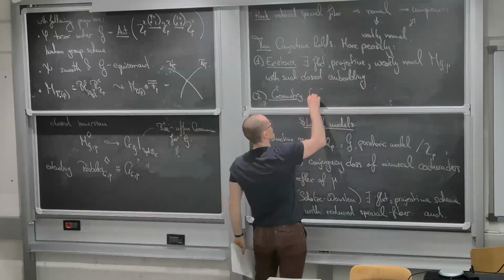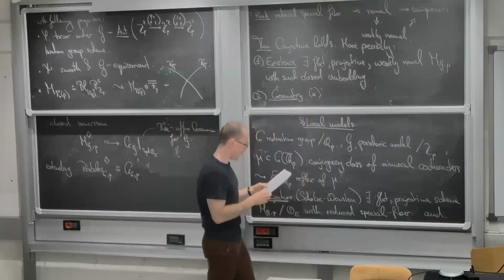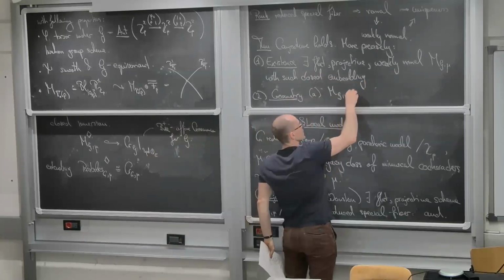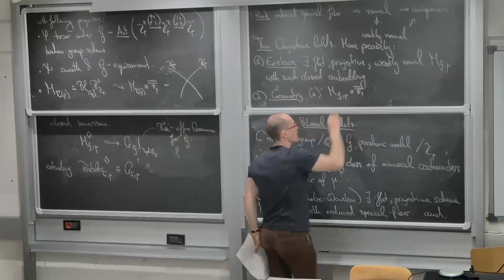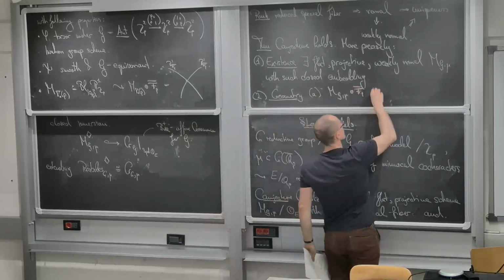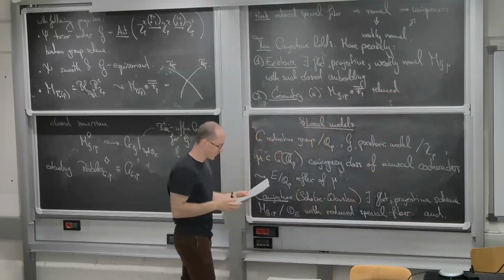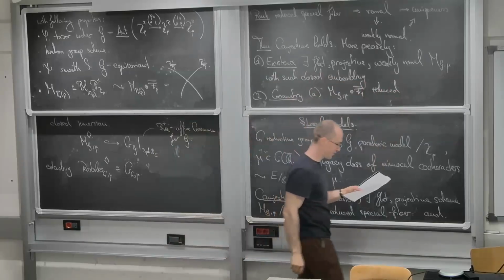But then there's a geometry part, which says that this object here, the special fiber, a geometric special fiber, is always reduced.